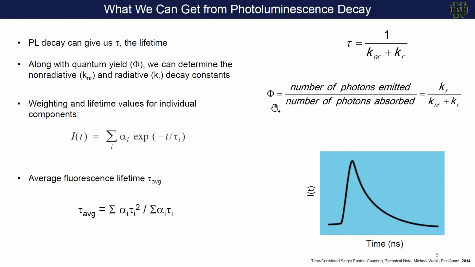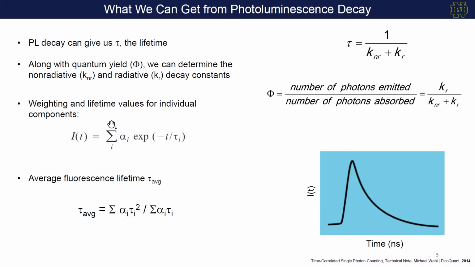So if we've done both our PL quantum yield measurement and our PL lifetime measurement, with these two things combined, we can directly solve for the radiative decay rate and the non-radiative decay rate values, and that way we can describe the system very well. So that's one set of information we can get.